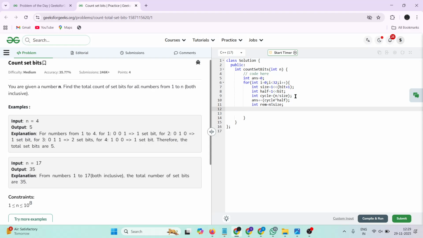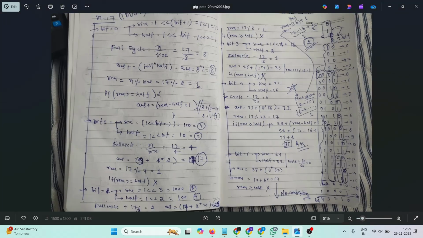Now we are going to check whether this remainder section is going to contribute or not. If this remainder is greater than or equal to half, and why equal to: if there is exactly 16, then 16 also contributes 1, because the first 0 to 15 are 0 and next it is 1.